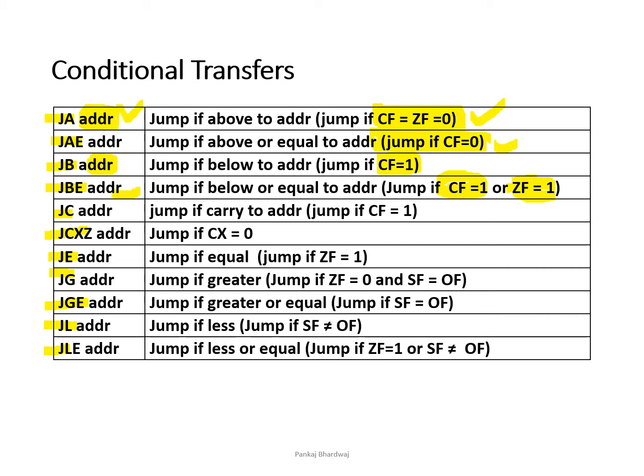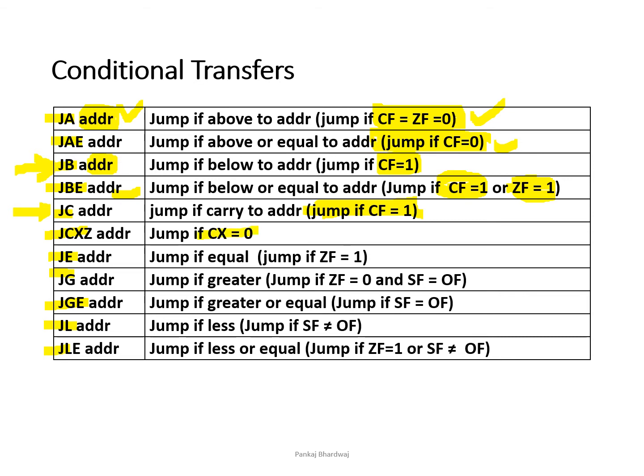Similarly, JC, jump if carry. If the carry flag is 1, it checks only one condition. And you can see that this condition and this condition are the same. JC and JB, they both are the same. JCXZ, that means jump if the content in the CX register is 0.